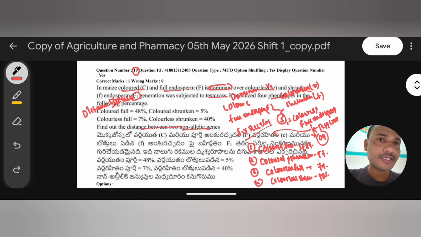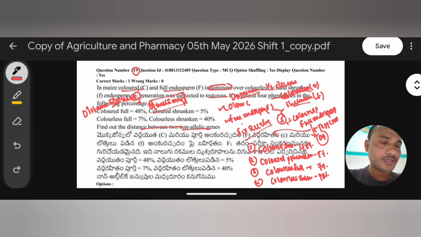So how can we measure it? By using a genetic map. But before using the genetic map to find the distance between genes, first let us know what the parental combinations are and what the recombinant combinations are. The dominant parent has colored and full endosperm, and the recessive parent has colorless and shrunken.